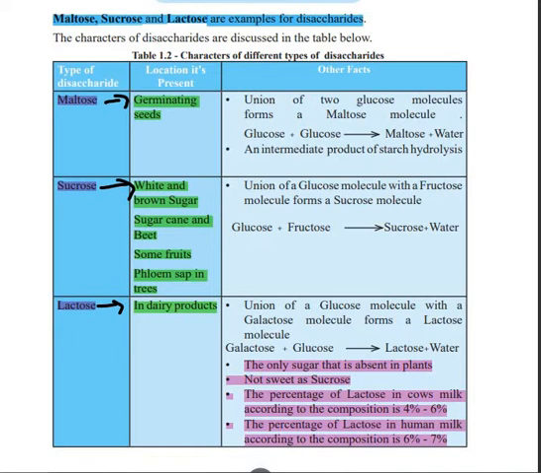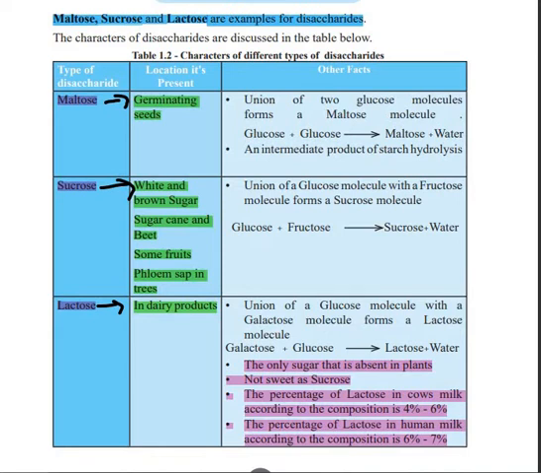Okay? Now we see sucrose. Sucrose is present in white and brown sugar, sugar cane and beet, some fruits, and phloem sap in trees.